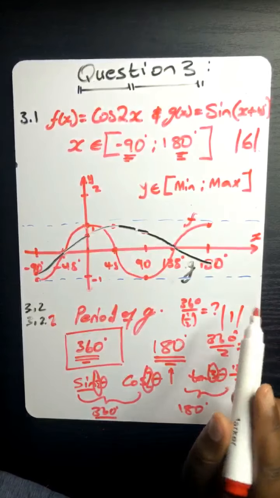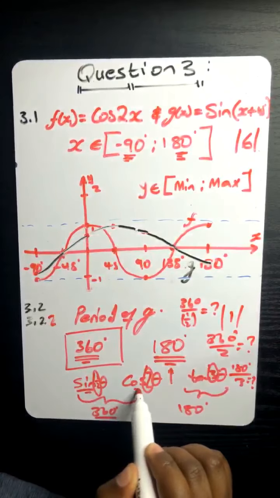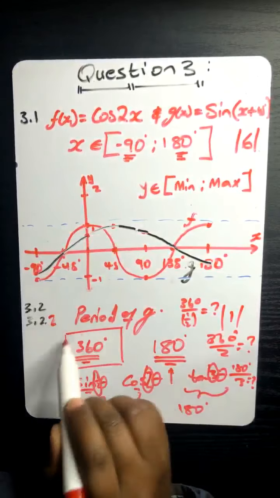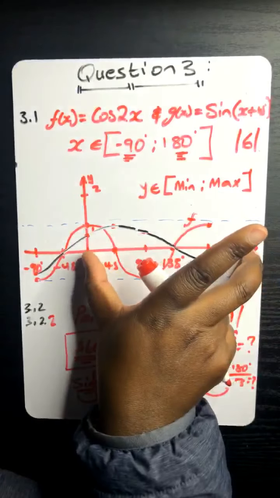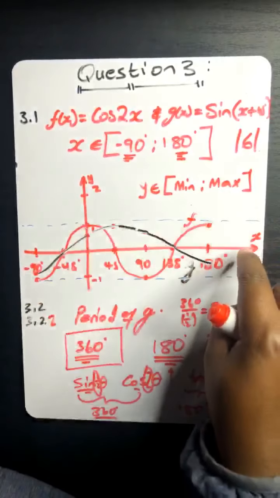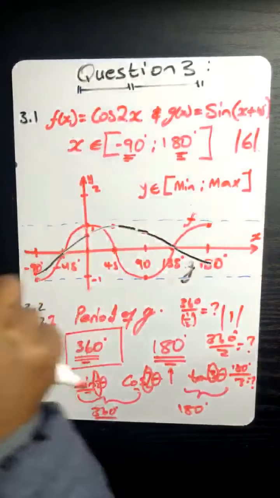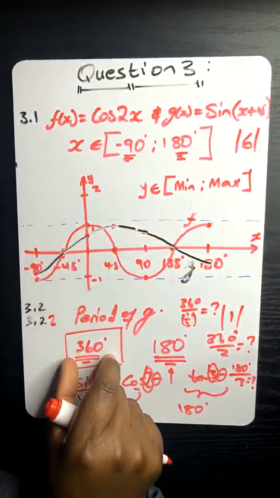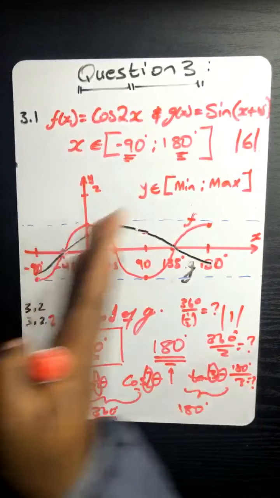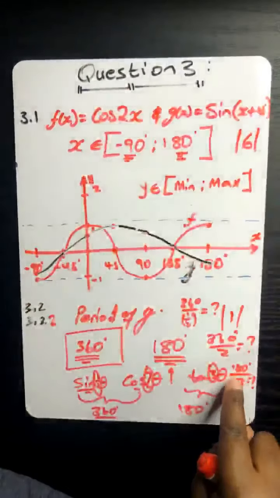So the sine and the cos repeat themselves after every 360 degrees. That means from 0 to 360, it does a complete shape, and on the negative side, a complete shape. If we continue, there is a complete shape at intervals of 360. But for tan, it does that complete shape after every 180.